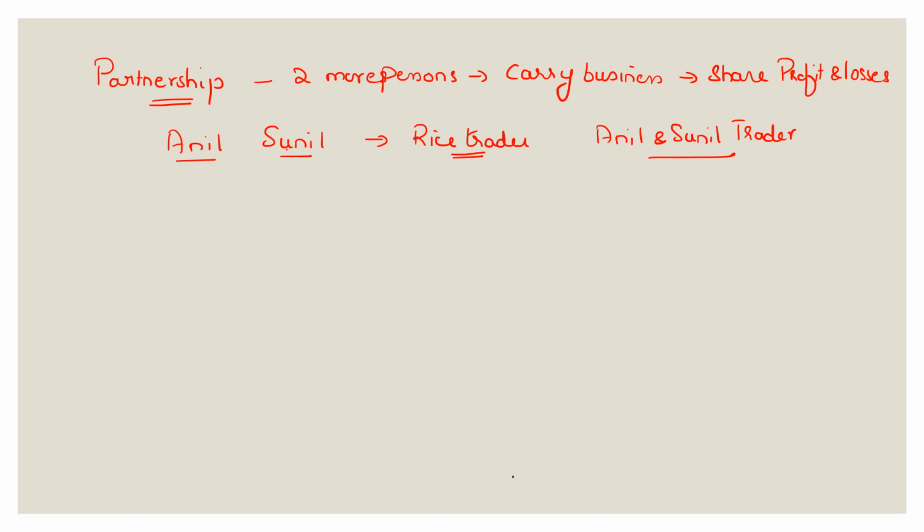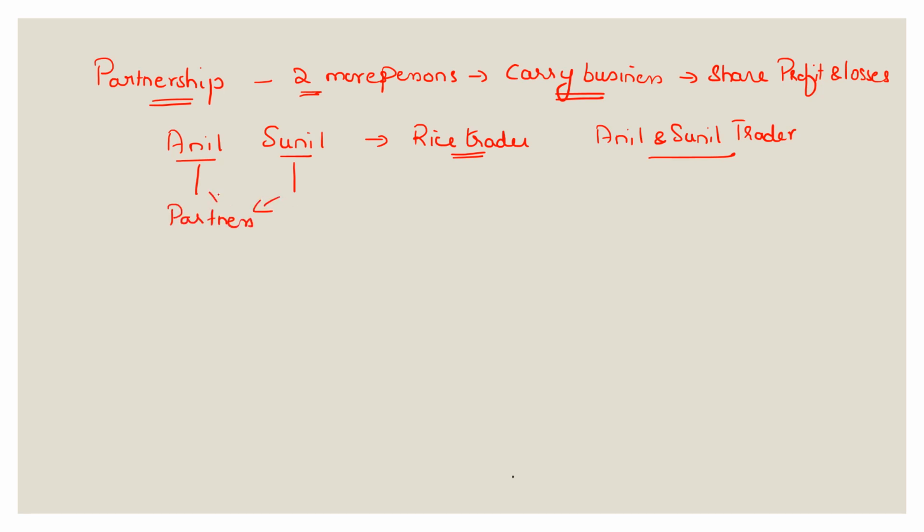Now, Anil and Sunil have agreed, minimum there are two people, they have agreed that they will carry on a business. So there are minimum two persons and they are carrying on business. So these two individuals are called as partners.